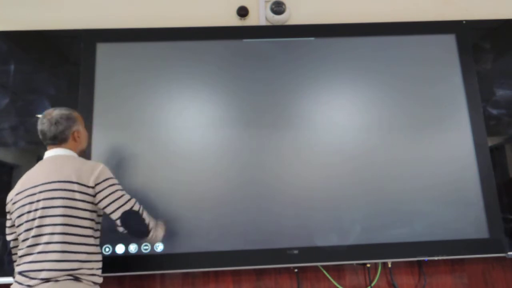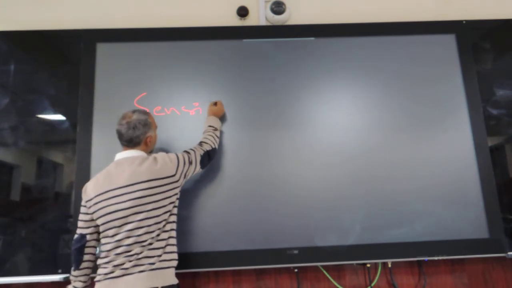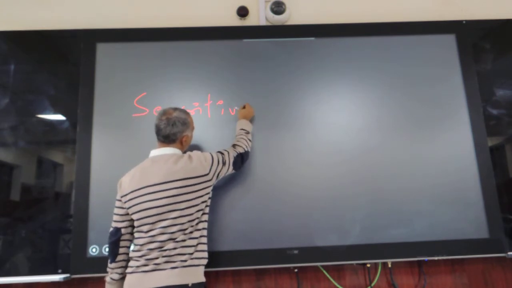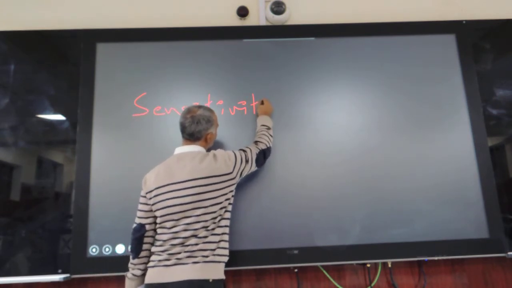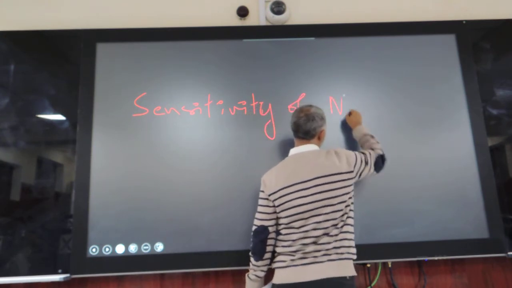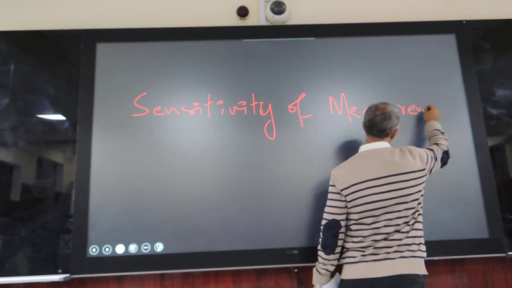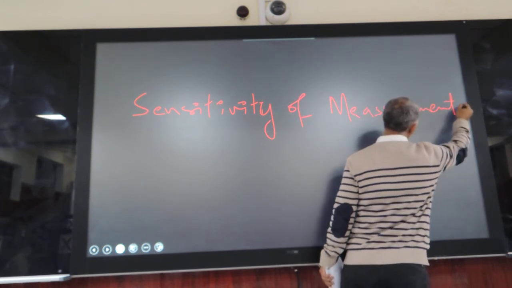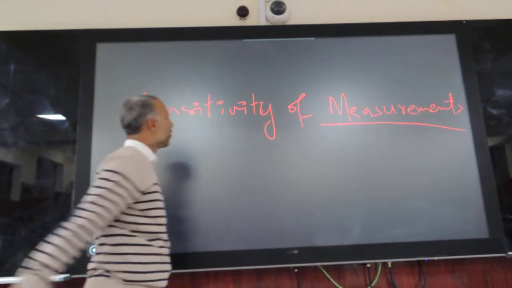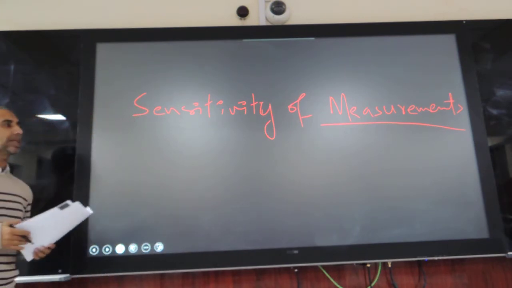So we can say sensitivity measurement. Sensitivity of measurements can be done with the help of derivative. Remember this.